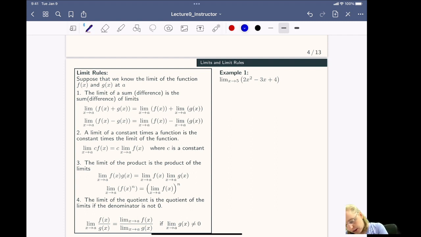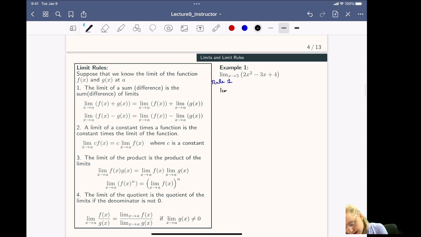So let's apply this rule to this function here, and we would get that we have the limit as x goes to 5 of 2x squared. Now we can split it up on this minus sign and this plus sign. So let's split it up on the minus: the limit as x goes to 5 of 3x plus the limit as x goes to 5 of 4.